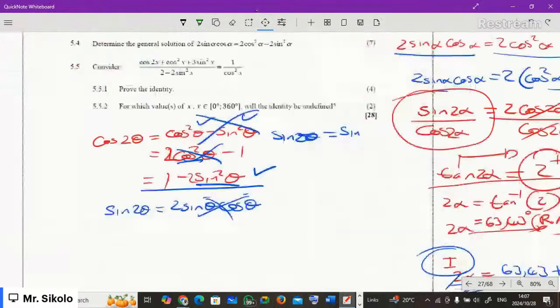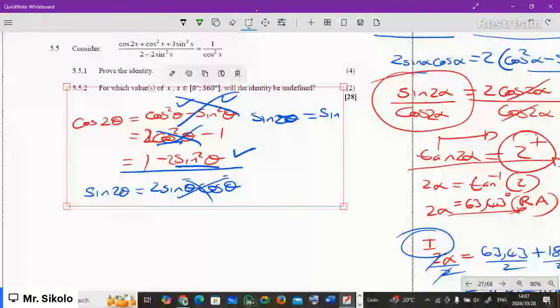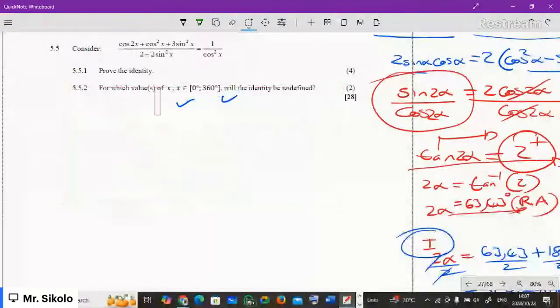Then we now consider the proving question. So we are here to prove.